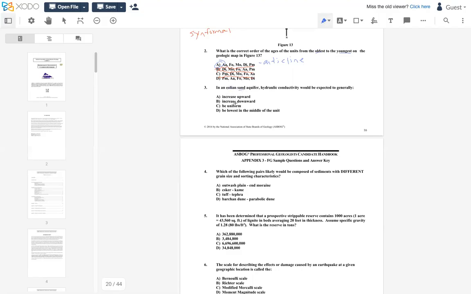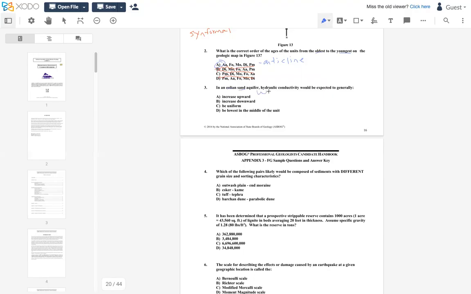That's what aeolian means, wind-blown. And we know that the sand is being used to hold and transmit water as an aquifer, and we're being asked about any trends we might see in how well that water will be transmitted throughout that aquifer. So we know aeolian deposits tend to be well-sorted particles.